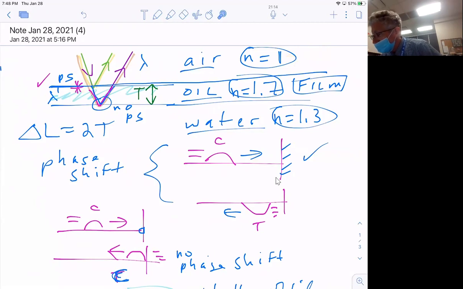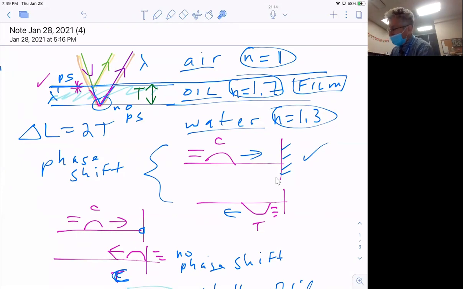How about when it reflects off the bottom? When it goes from a low n to a high n, it will do a phase shift. But here it's going from a high n to a low n. So there's no phase shift in this case, and I will not put an asterisk there.